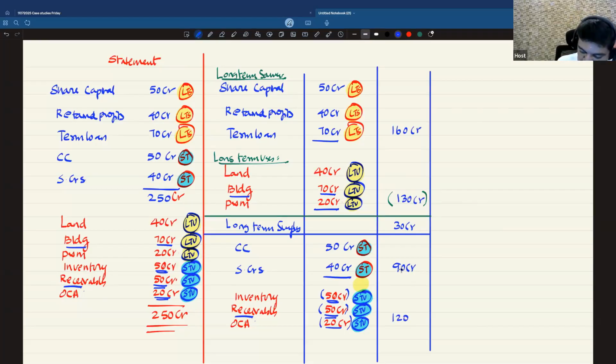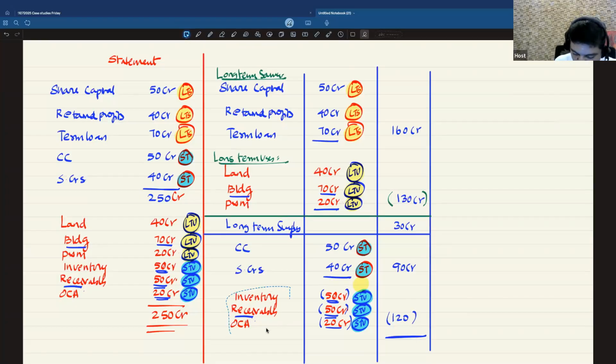So the source is 90 crore. Okay. The use is 120 crore. It means on the short-term front, they have a surplus or deficit. Please tell me. On the short-term front, they have a deficit.